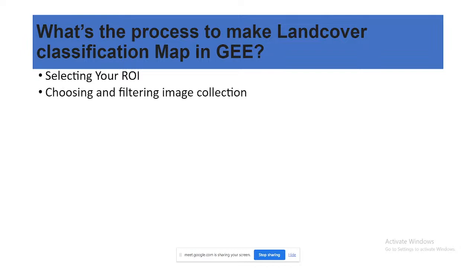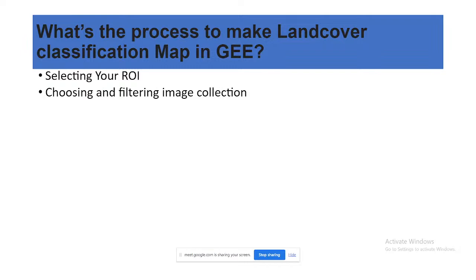Then the second step, you need to choose and filter your image collection. At this time, you can use the Sentinel image, or you can also use the Landsat image. We already covered how we can easily filter the Landsat image, as well as the Sentinel image.